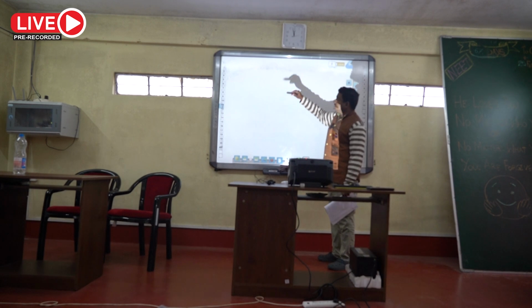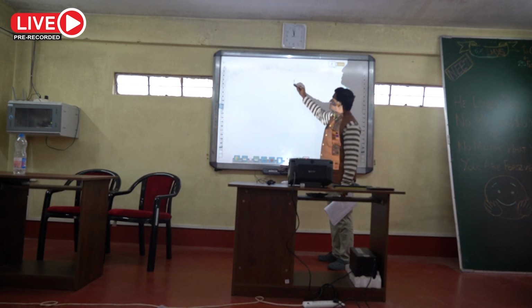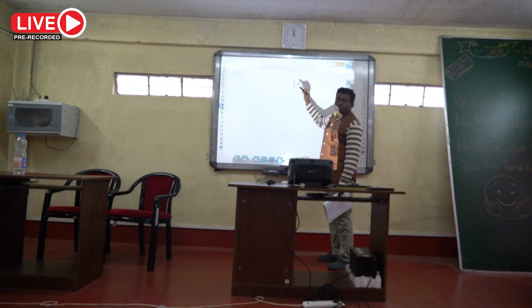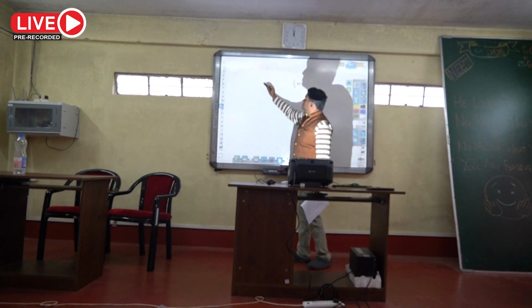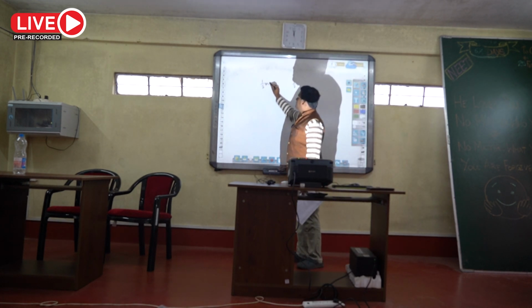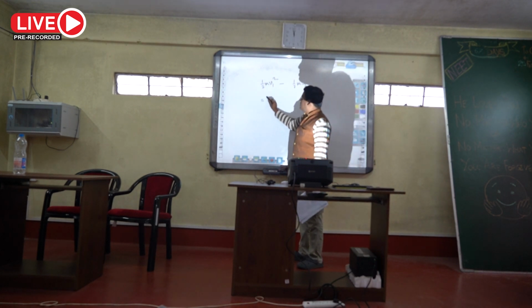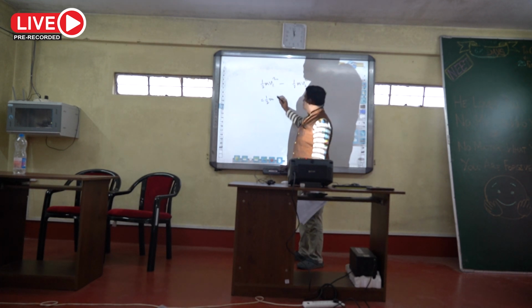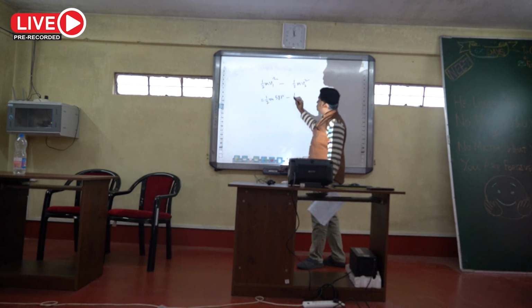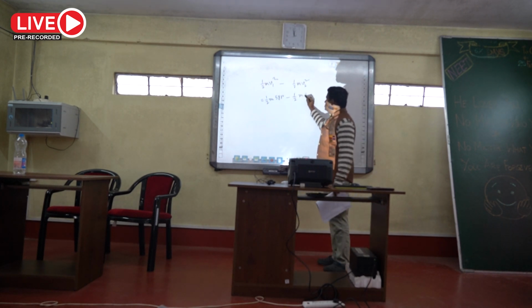If it is rotating in a vertical circle, suppose at the top it is half m v2 square, I consider v2 is the velocity at the top, and half m v1 square, v1 is the velocity at the bottom. Then it will be half m, this is root 5 gr, so this will be 5 gr, minus this one will be root gr.